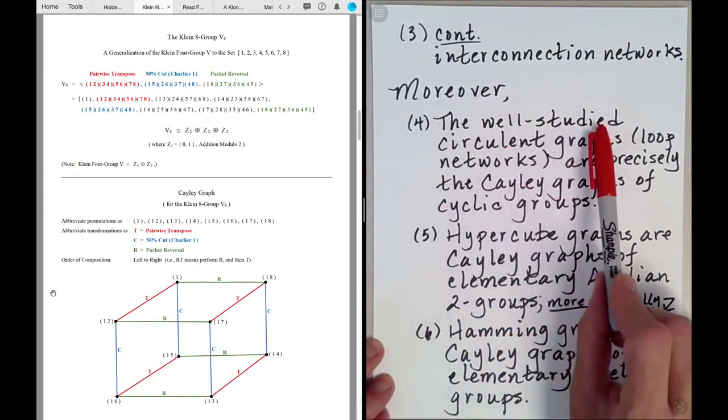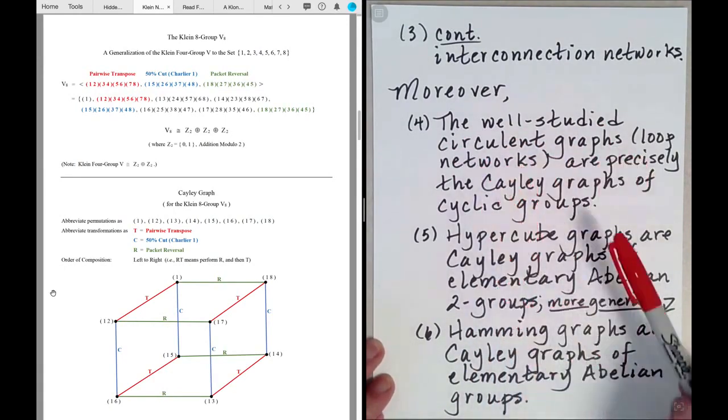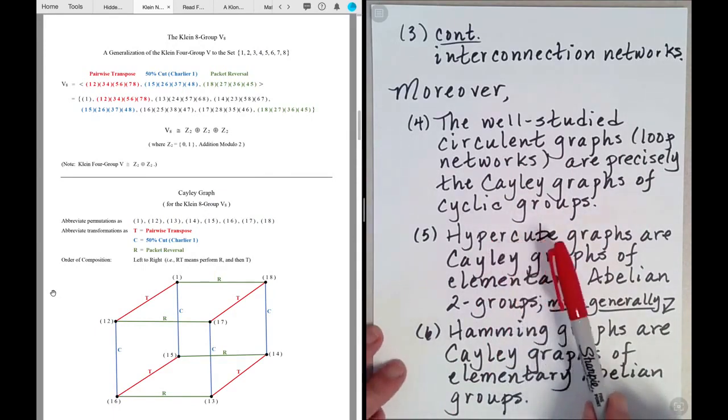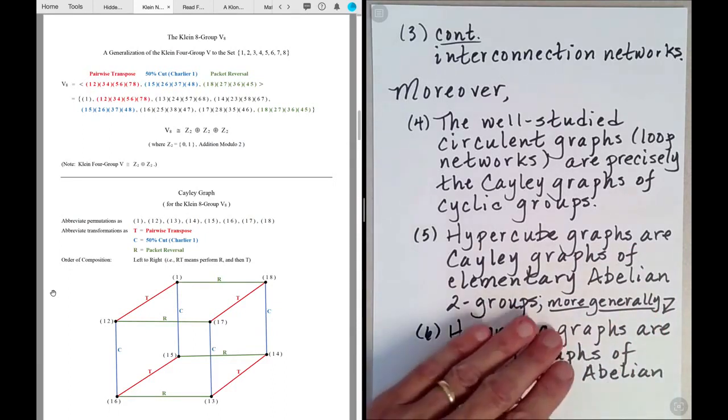The well-studied circulant graphs, loop networks, are precisely the Cayley graphs of the cyclic groups. Hypercube graphs are Cayley graphs of elementary abelian 2 groups, or more generally, Hamming graphs are Cayley graphs of elementary abelian groups.